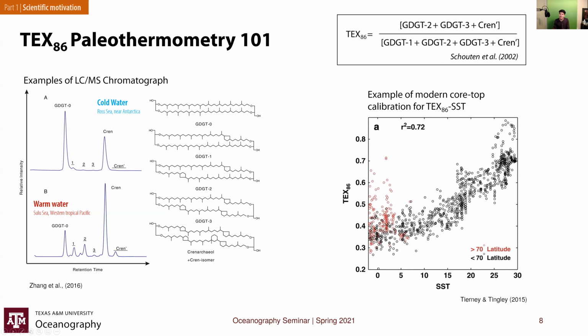And that's how we can use these TEX86 values from the marine sediments as our thermometers. For example, if you have a TEX86 value of about 0.5, it reflects a sea surface temperature of roughly 15 degrees Celsius to 20 degrees Celsius.